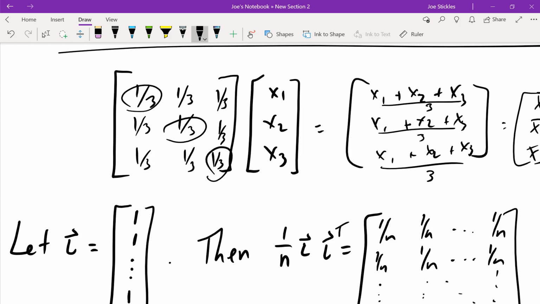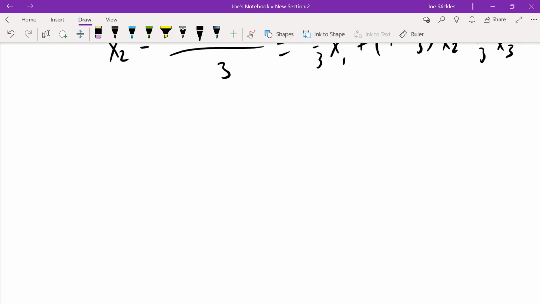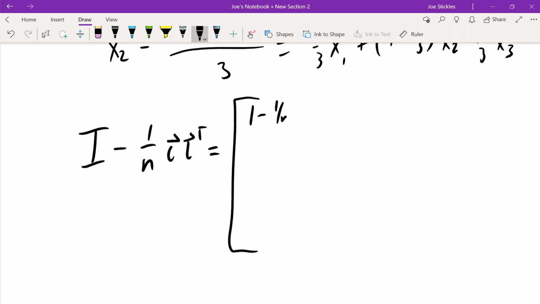The identity matrix, right? So if we do the identity matrix minus 1 over n times 1 times 1 transpose, that would give us a matrix that looks like 1 minus 1 over n, all the way down the diagonal, and negative 1 over n's everywhere else.